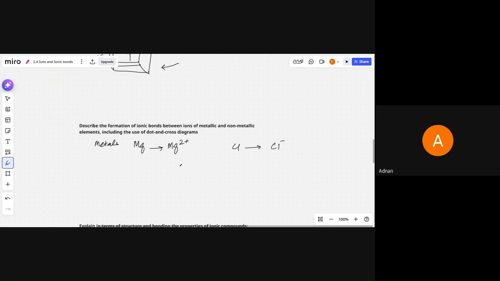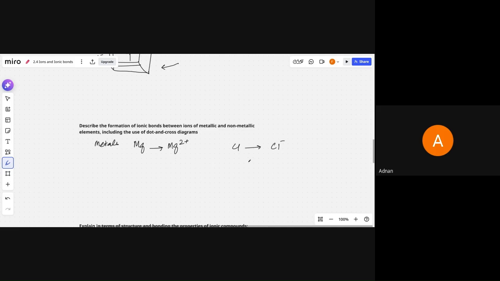So now let's say magnesium and chlorine want to join together and make a bond. How will that look? You can see here that one magnesium atom is losing 2 electrons, and each chlorine atom is gaining 1. So we need another chlorine atom so that it can take the other electron lost by magnesium.